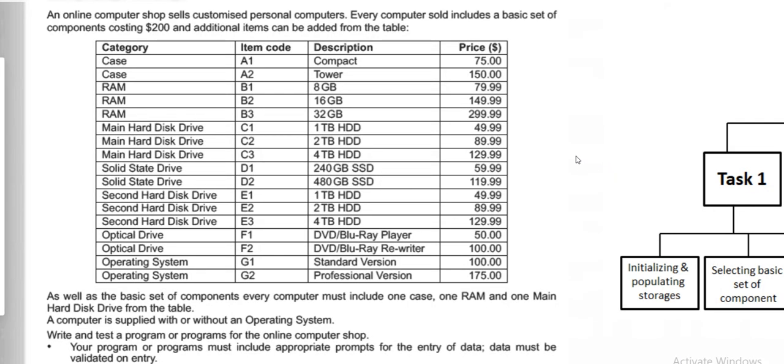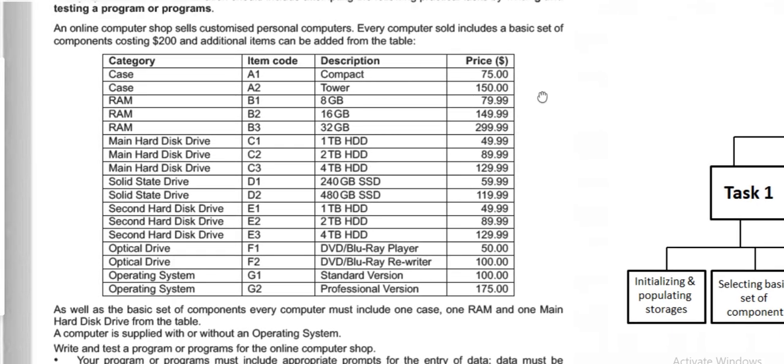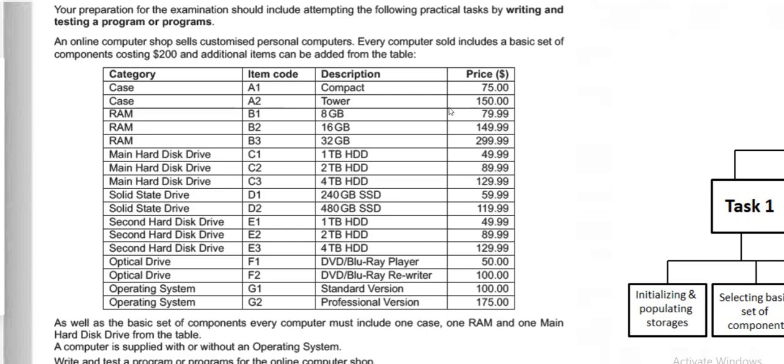So if you take a look at the pre-release material given for October-November 2020, it says to make an online computer shop which sells customized personal computers. Every computer sold includes a basic set of components costing $200, and additional items can be added from the table.